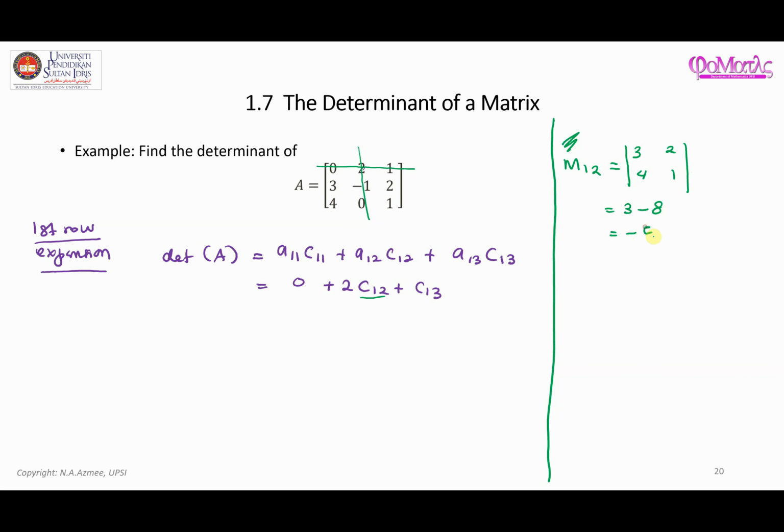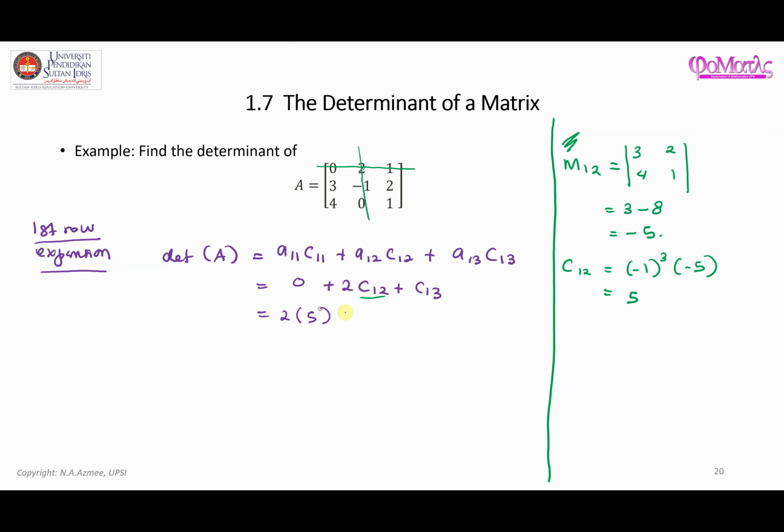This is equal to negative 5. Now, C12 is just negative 1 to the power of 1 plus 2, which is 3, and take the value of M12, put it right next to it. Negative 1 to the power of 3 is negative, so negative 5 becomes 5. The result here is going to be positive 5. And we're just going to plug in the value right there.